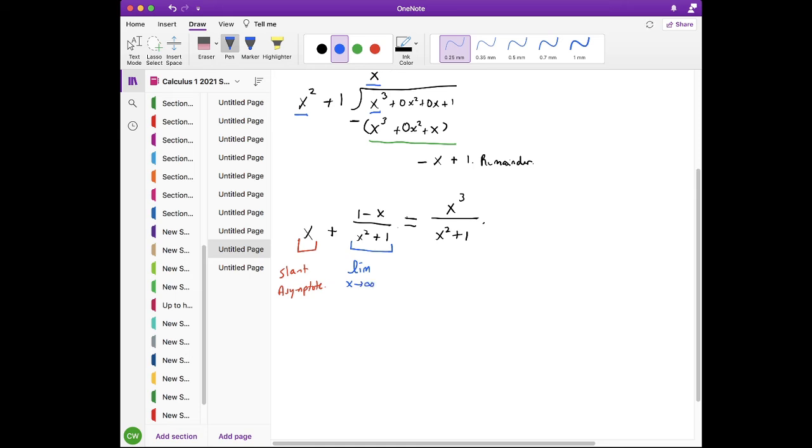What's the limit? Oh, I'm sorry, there is no plus 1. I don't know why I put a plus 1. It's negative x.